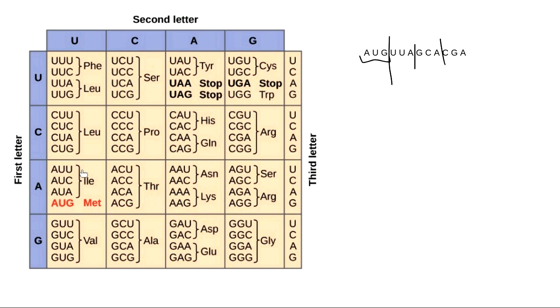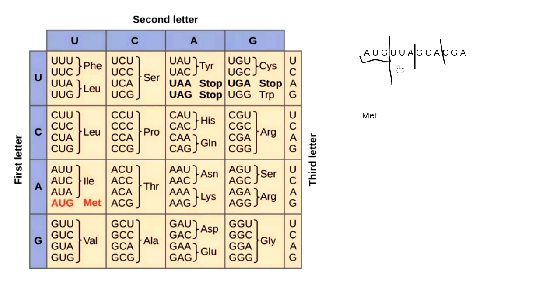You can either go all the way over to the side and figure out that G is on the bottom, or you can just look in here and see that G is on the bottom. So if I'm doing the process of translation, the first amino acid that this sequence called for was the amino acid methionine, MET. I got one amino acid down from one codon.